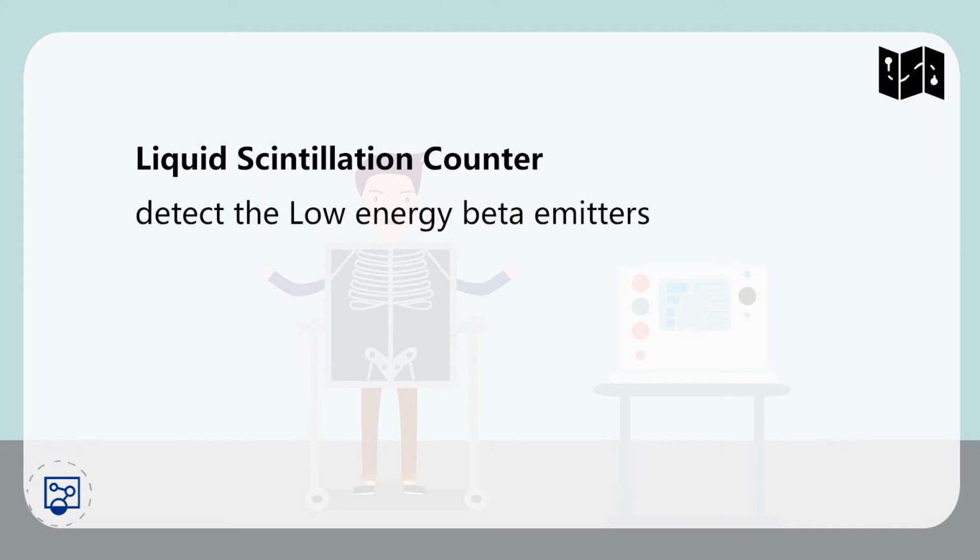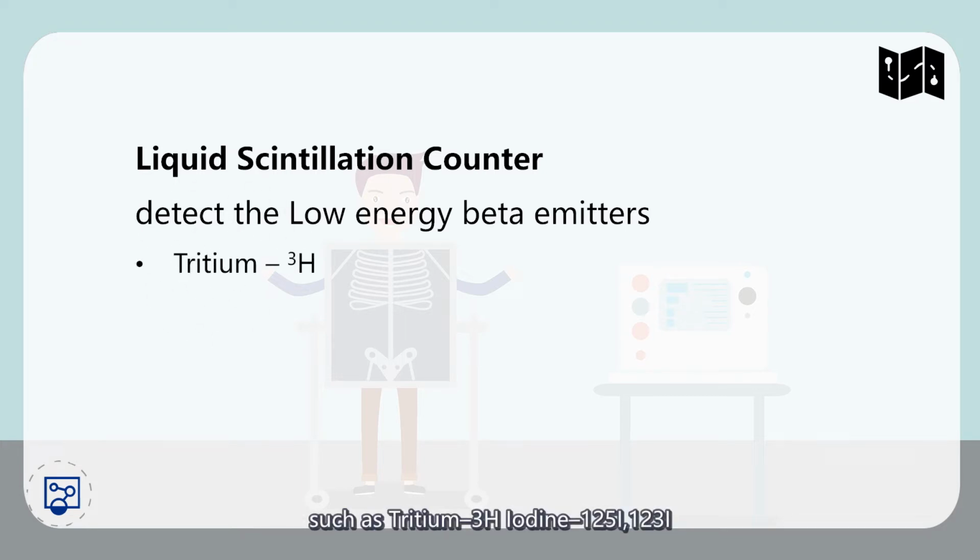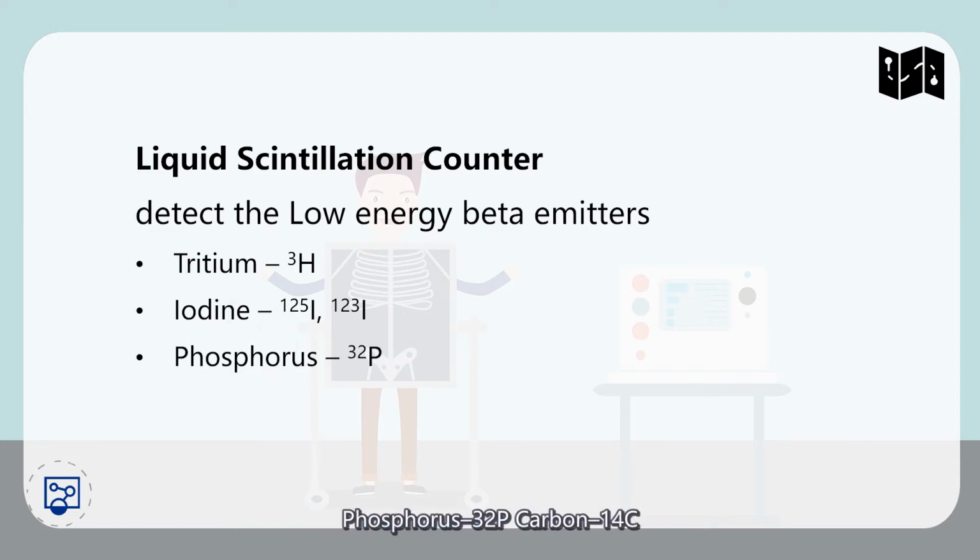So, as for the liquid scintillation counter, we use it to detect the lower energy beta emitters, such as tritium, iodine 125, iodine 123, phosphorus 32, and carbon 14.